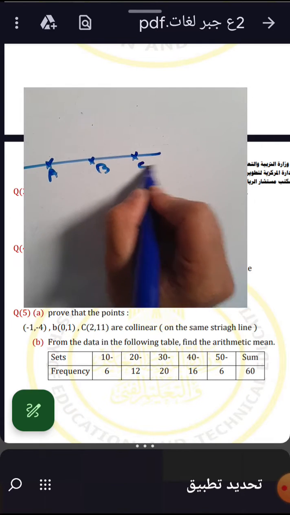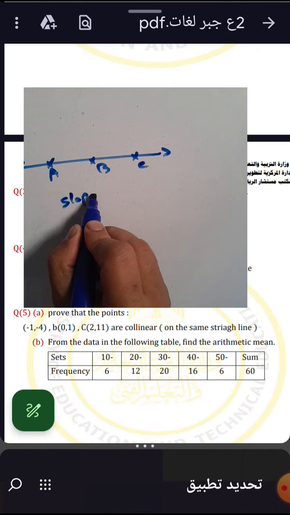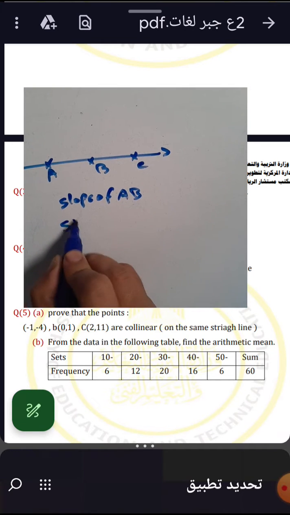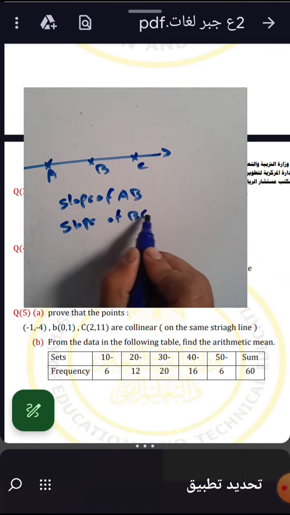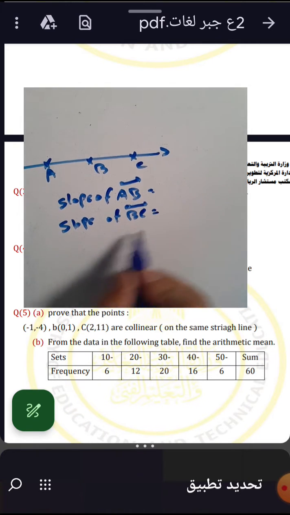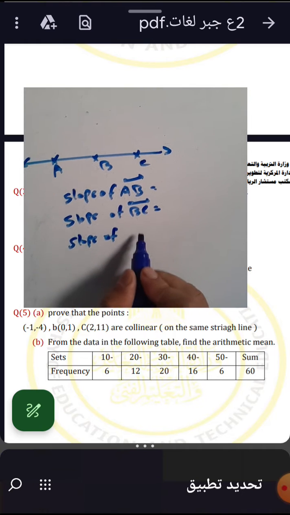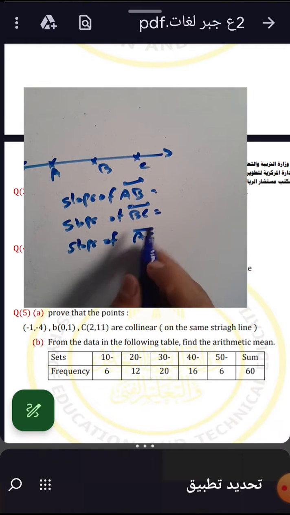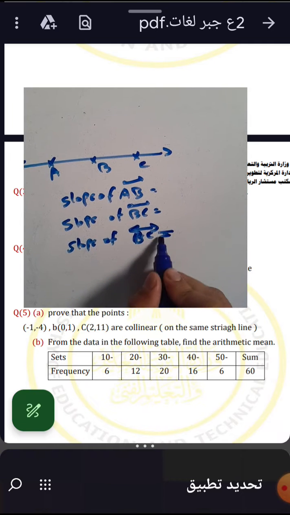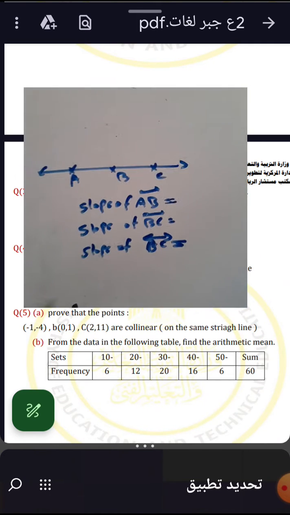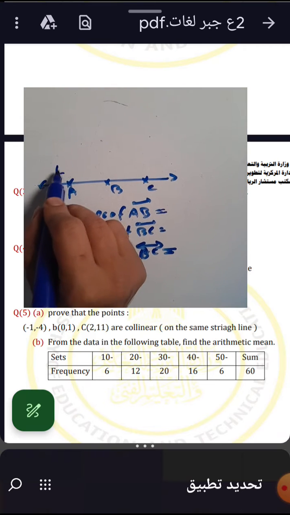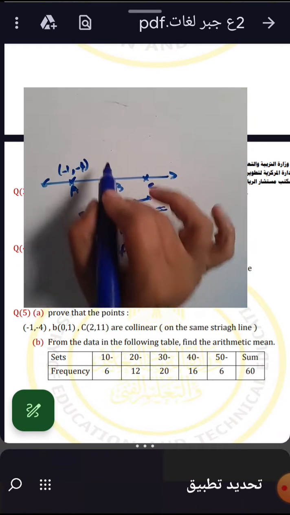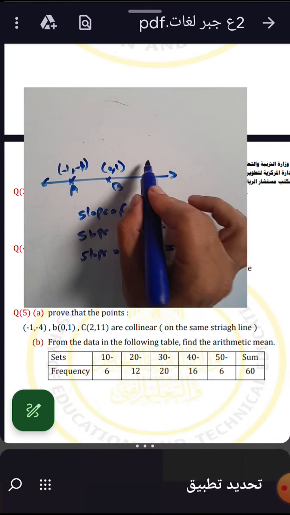To prove that 3 points are on the same line, or collinear, we must find the slope of AB, the slope of BC, and the slope of AC, and we must prove that the 3 slopes are equal. He gives us point A as -1 and -4, and point B equals 0 and 1. Point C was 2 and 11.